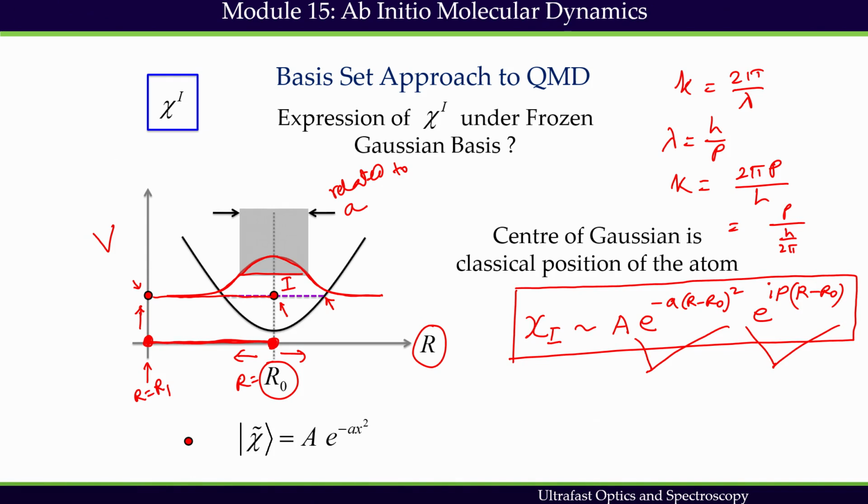Now, for simplicity, one can keep this form as well: e to the power minus a x squared multiplied by e to the power i p x. If it is z, you can express it in terms of z as well, that's not the problem. We are just expressing it in terms of x. So this is the expression for a traveling Gaussian.